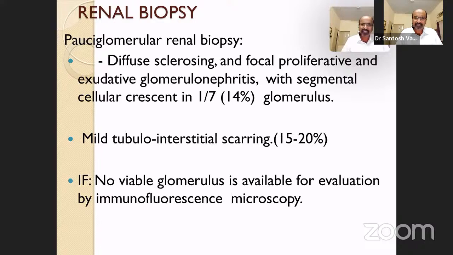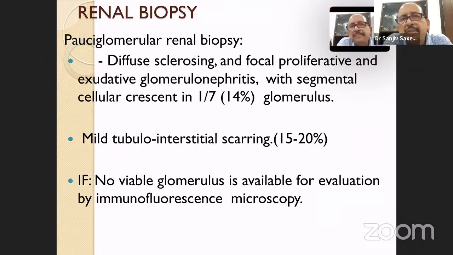Another thing, Dr. Varughese, what about C3 deposits? C3 outnumbering IgA would probably point towards more IRGN than IgA per se.